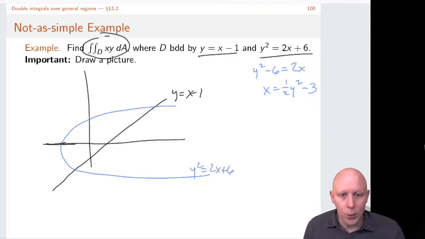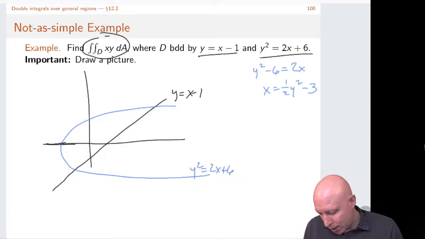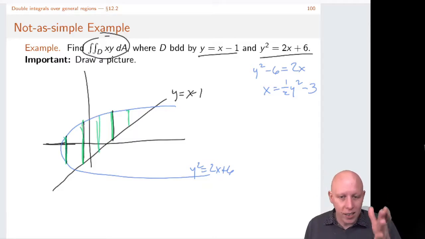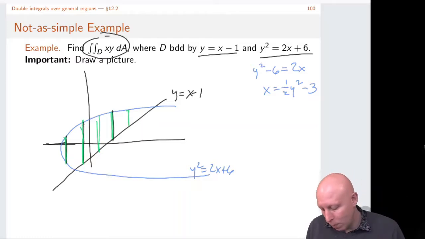All right, so we look at this region and we have to do that same type of investigation. Which way should we do our slices? Well, let's consider our vertical slices again. Would we run into the same function on both ends of our vertical slices?